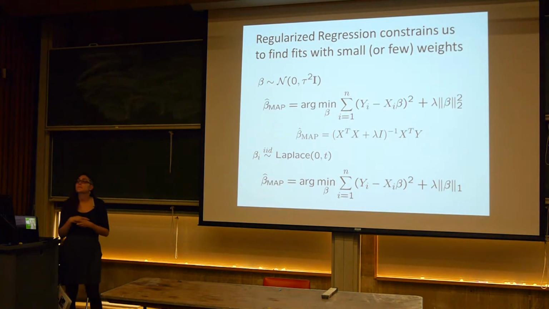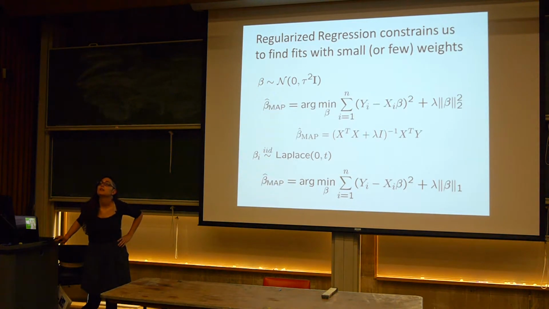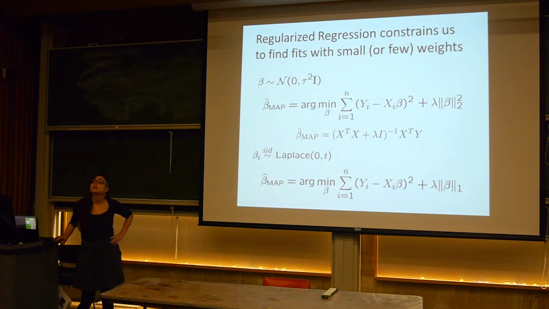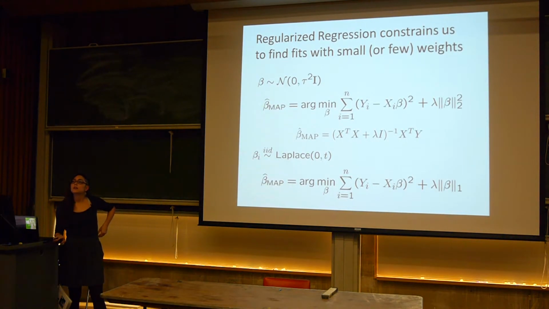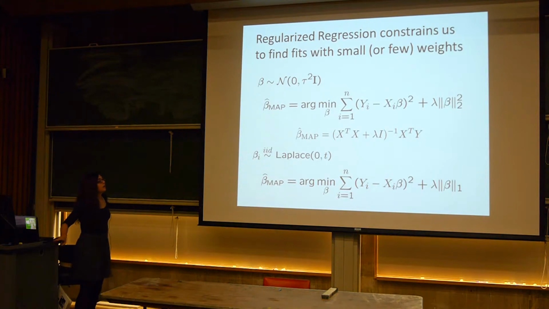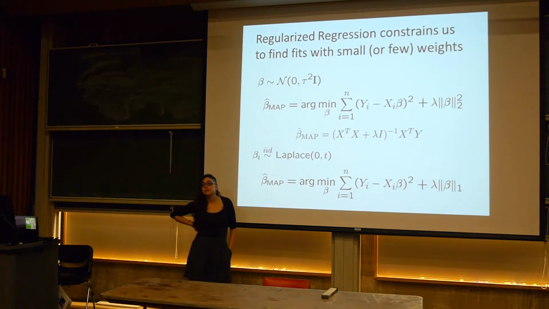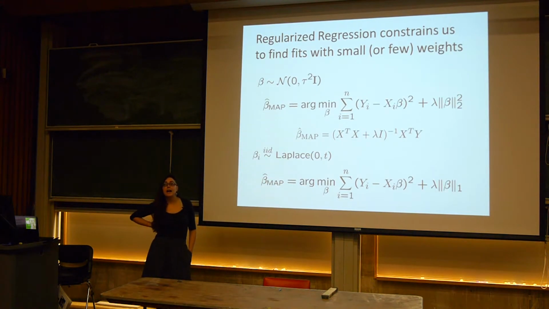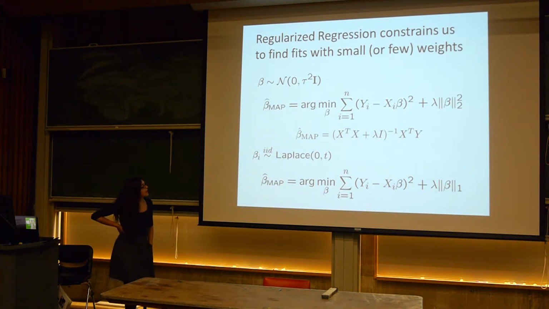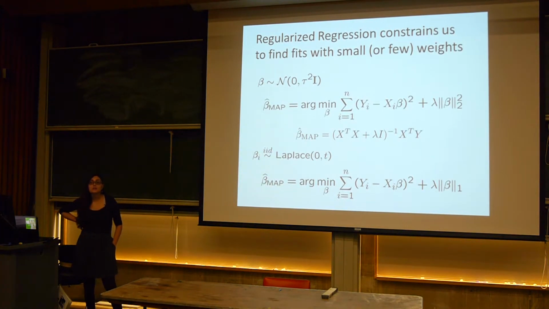I remember someone asked why, with x transpose x plus lambda I, we increase the eigenvalues. I see. So we're adding positive elements to the diagonal of x transpose x, and that'll make the result positive.